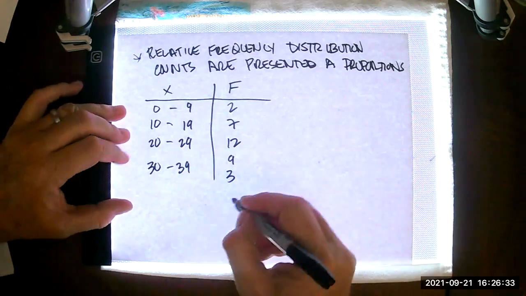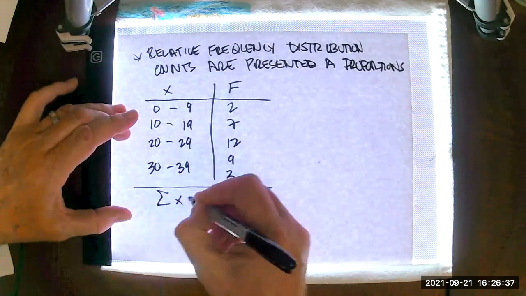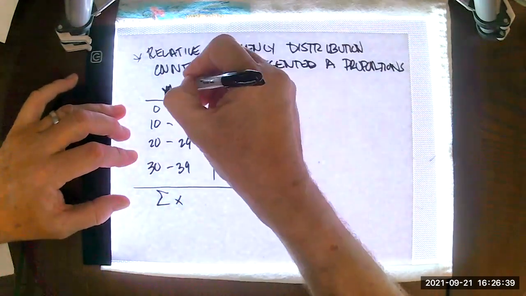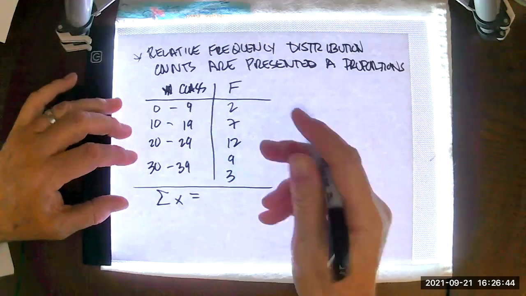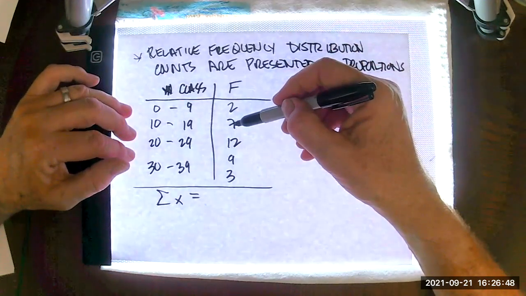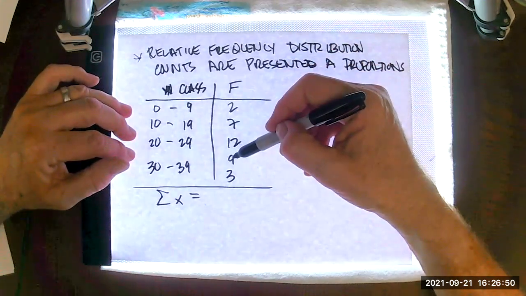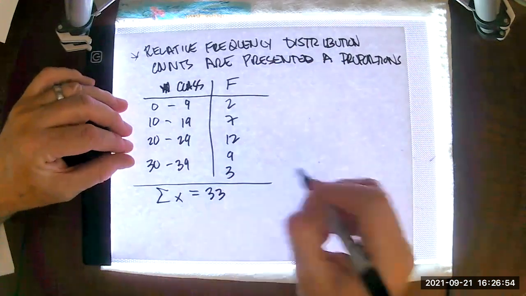If we want the relative frequency, I've got to sum those x's. This is the class, by the way. If I sum those x's, 7 and 2 are 9, 9 and 9 are 18, 18 and 12 are 30, and 3 are 33.